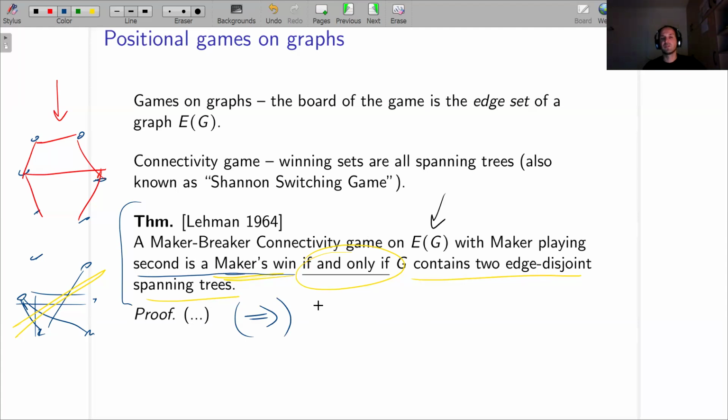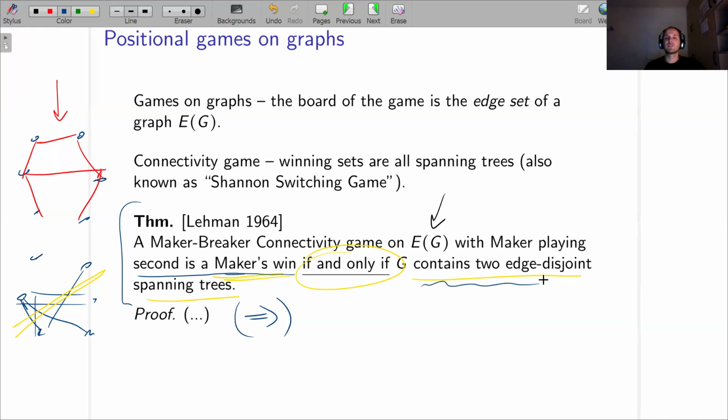So both players can use the same strategy to claim a spanning tree simultaneously in the same game. Maker second has a strategy, this is the assumption. And then the first player, with an extra move that cannot harm him in the first move, can also claim a spanning tree. That means Breaker will claim a spanning tree and Maker will claim a spanning tree. Automatically there will be 2 edge-disjoint spanning trees at the end of the game, one red and one blue. So this direction follows straightforwardly.